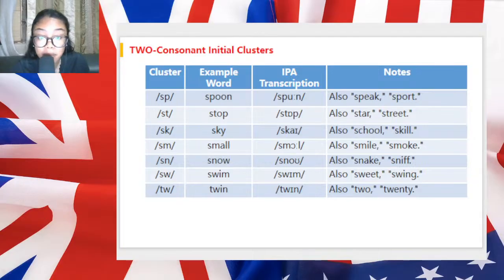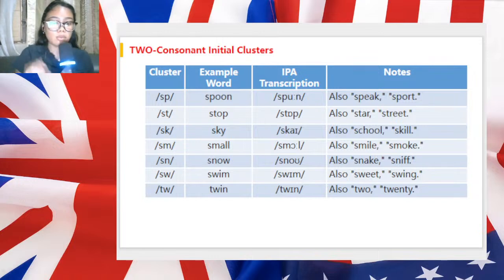Notice how the S sound blends smoothly and directly into the P sound without any intervening vowels. So it's not sapoon, but a swift, connected spoon. Again, spoon.